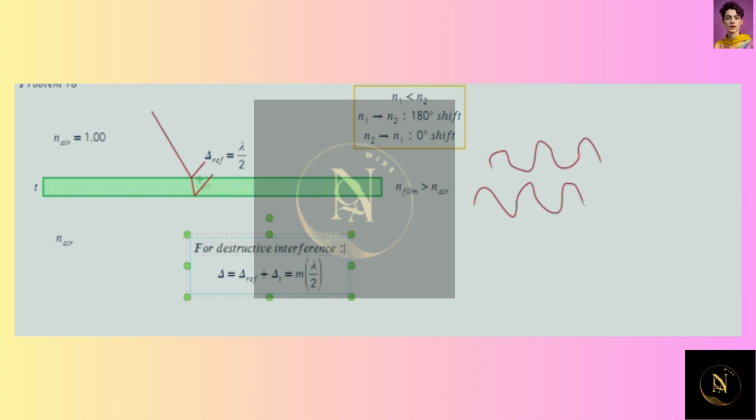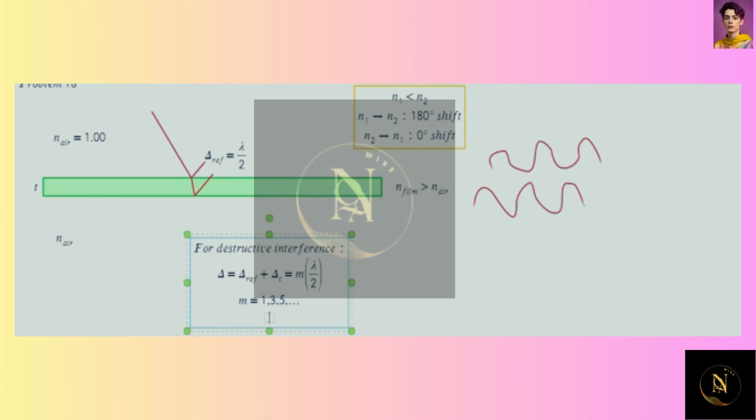So the ray that goes through and comes out, that one's not shifted at all. So for this ray here, the net path length difference, if we account for this shift and then the path length difference, is going to combine to form this net path length difference, which must come out to be an odd integer multiple of half wavelengths. So here m is going to be equal to 1, 3, 5, and so on.